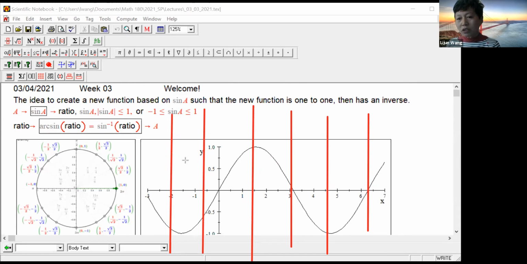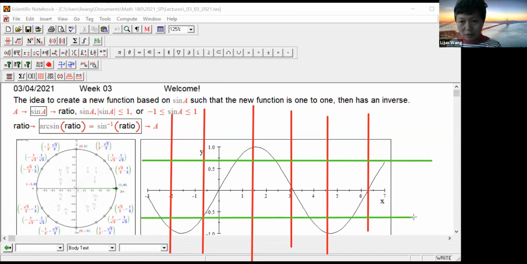But to make an inverse function, it has to also pass the horizontal line test. And the sine function obviously does not pass the horizontal line test, right? But there are pieces that pass both the vertical line test and the horizontal line test. Yes? So what pieces do you think we can truncate and leave as a one-to-one function?